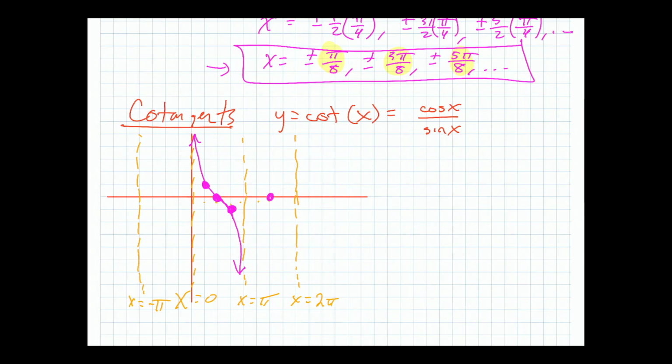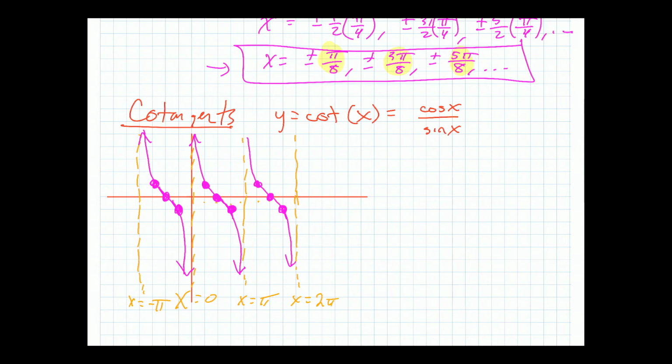And then every one looks the same. And then the other one, same picture. All right. So that's the basic graph of the cotangent.